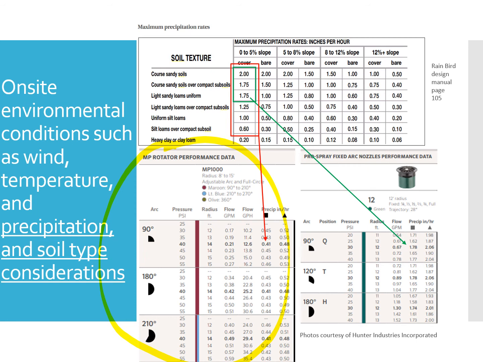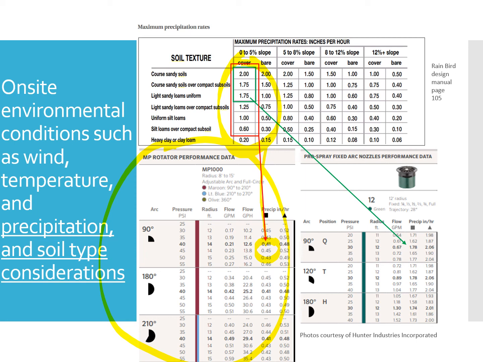So here you see this red box that I have put around these different types of soil and pointing at this MP rotator. You'll see that the precipitation rate is about 4/10 of an inch an hour, and up above in this chart, that's compatible with every soil type that's up there other than heavy clay or clay loam.